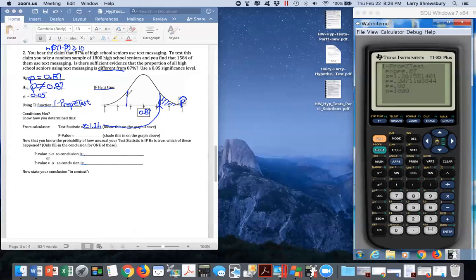So you're also going from this point down below. So this area right here is half your p-value, and this over here is the other half.